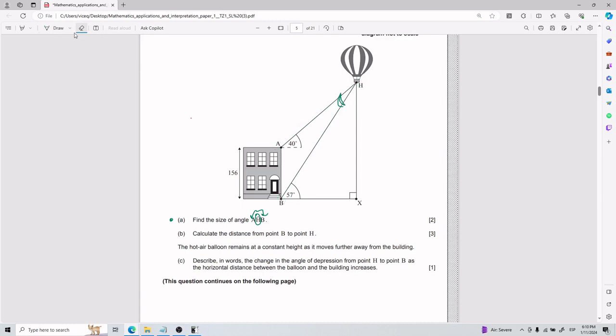Okay, so what you should always be looking to do in these trigonometry problems is focus on triangles.